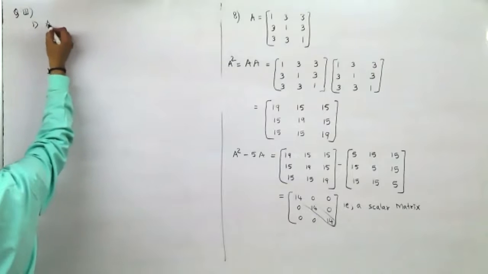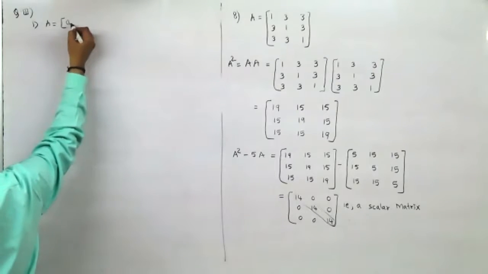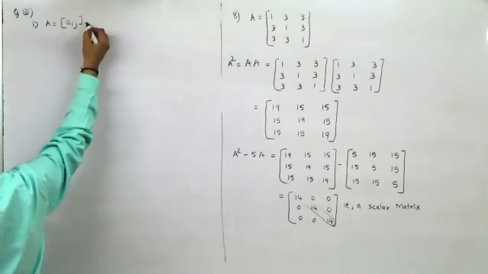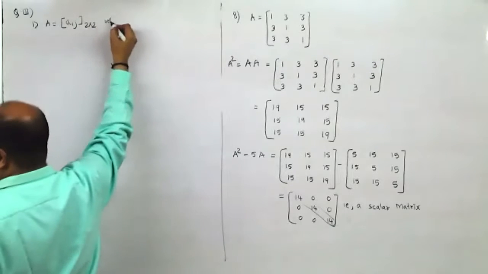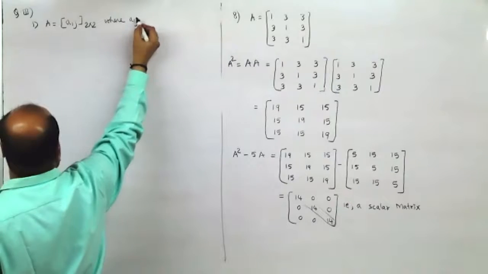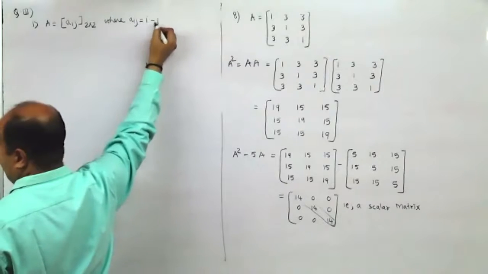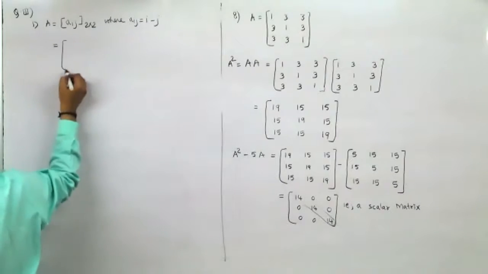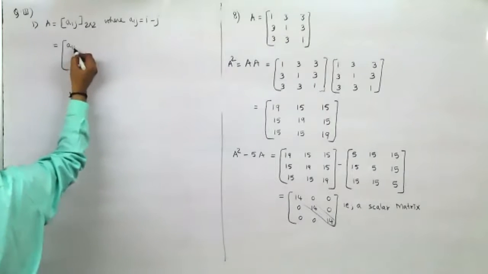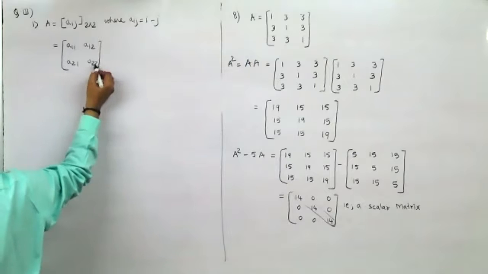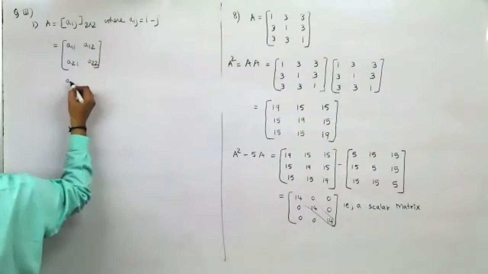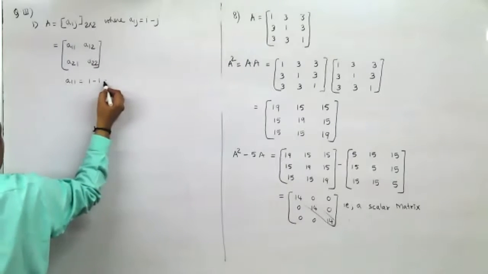First one, A is Aij, 2 by 2, where Aij is equal to I minus j. I can say 2 rows and 2 columns. So first row, first column, first row, second column, second row, first column, and second row, second column. When I say A11, it would be 1 minus 1, it is 0.